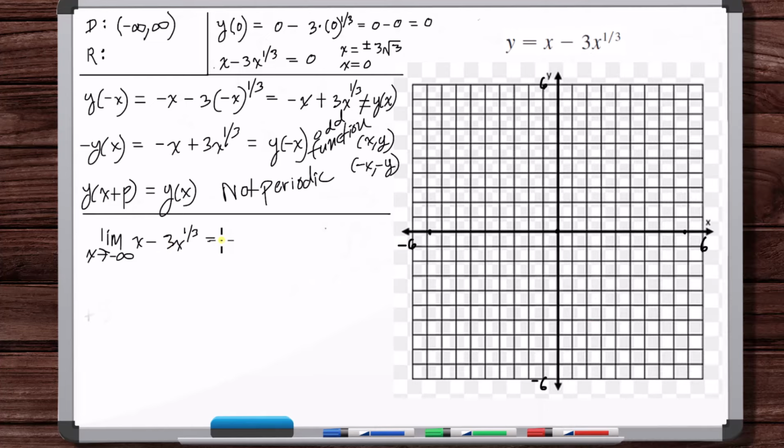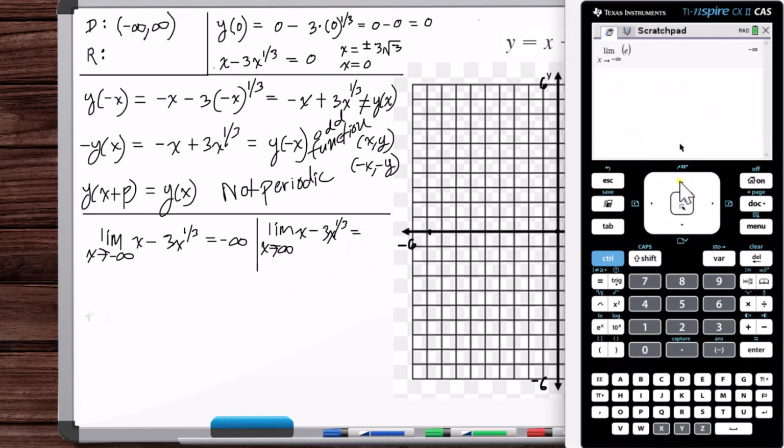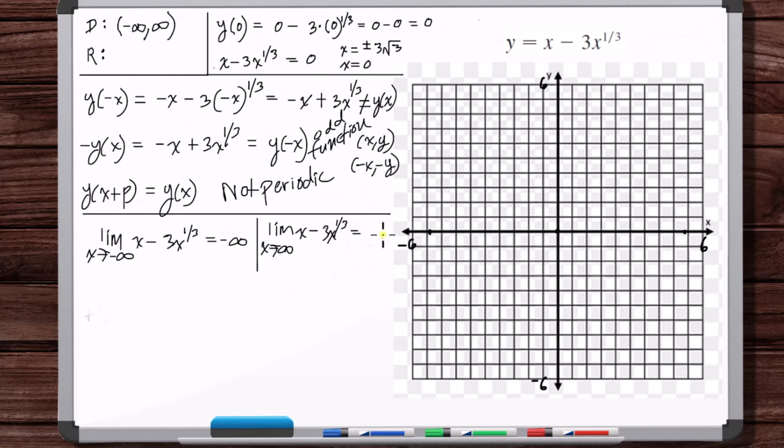Now the limit as x approaches infinity of x minus 3x to the 1/3 is equal to infinity. So there you go. There's the endpoint behavior. Next, let's do critical points.